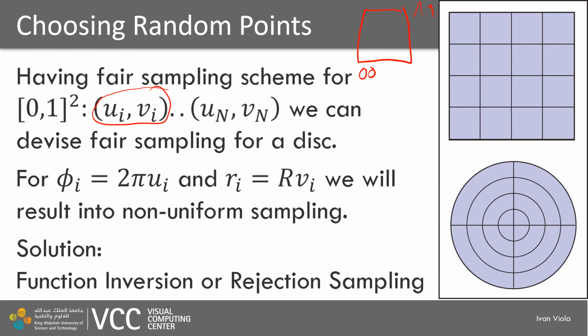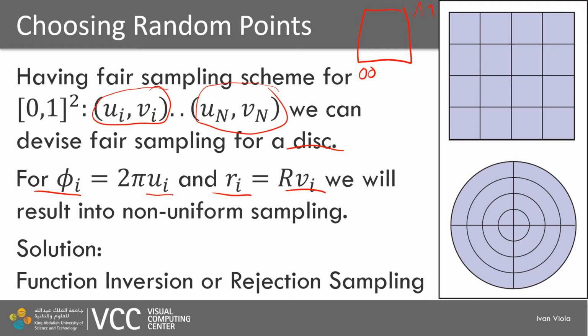If we would like to now turn these samples into the distribution for a disk, we could think that we will simply turn our Cartesian coordinates into polar coordinates, and then we will have a fair random distribution. But this is not true.